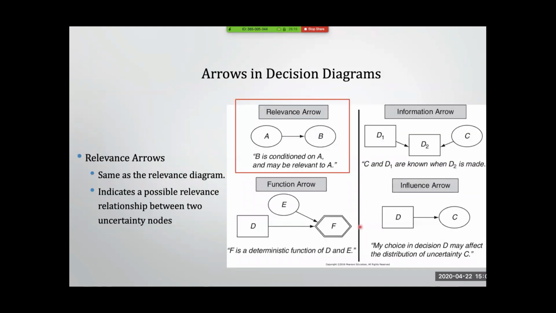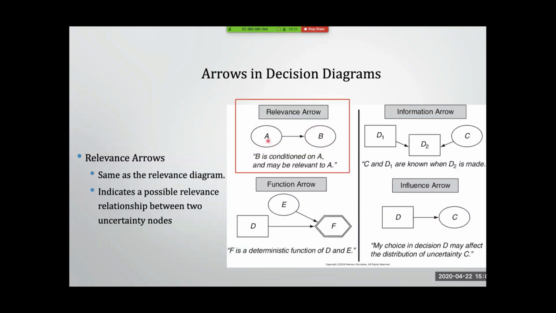The first arrow we're looking at is the relevance arrow. The relevance arrow is exactly the same as a relevance arrow you would see in a relevance diagram. It represents a possible relevance between 2 uncertain nodes. In order for an arrow to be a relevance arrow, it has to originate from an uncertainty node, and its destination needs also to be an uncertainty node.